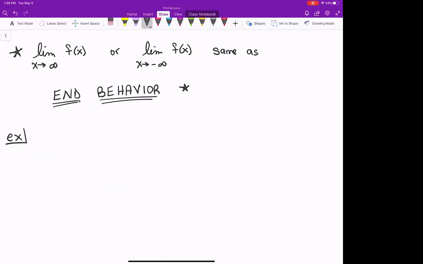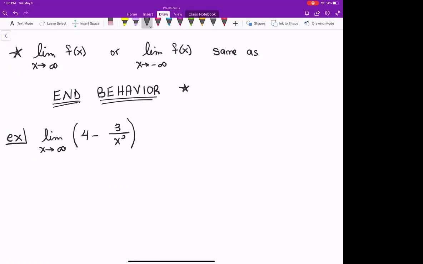let's take the limit as x goes to infinity of 4 minus 3 over x squared. You have to keep in mind all of those properties of limits that we talked about.